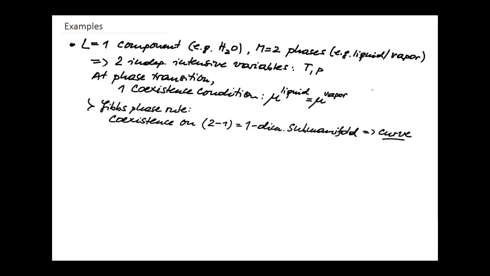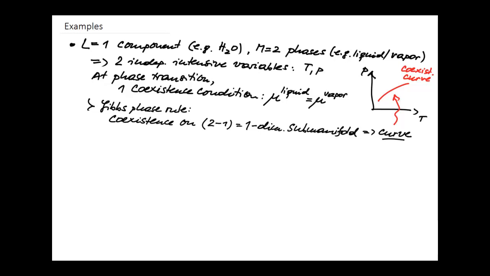And indeed, for the phase transitions that we had looked at so far, we have the PT diagram, and different points in this PT diagram correspond to different states of the system. But you have coexistence of the two phases, liquid and vapor, only on a curve, which is precisely the coexistence curve.